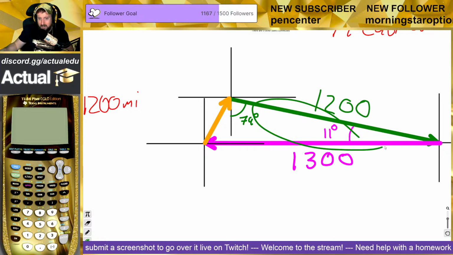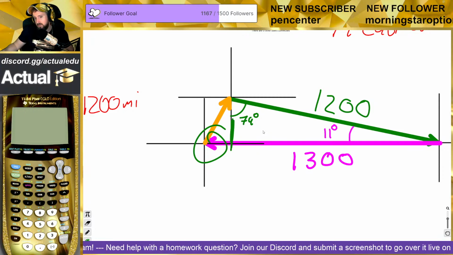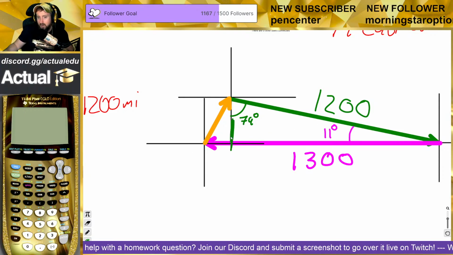This adds up to 90, which means this plus this has to add up to 90. You can break it up into this piece and this piece. And then I could get this component, and then what?